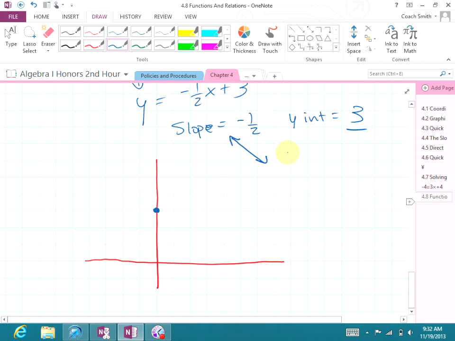Negative 1/2 is the slope, which means rise over run. And the key being that it's negative. So that means I'm going to go down 1 to here, and then I'm going to go to the right 2. 1, 2. There's my next point. Then I'm going to go down 1, and I'm going to go over 1, 2. So there's your point.